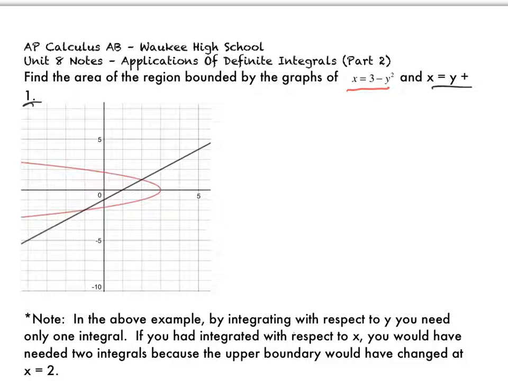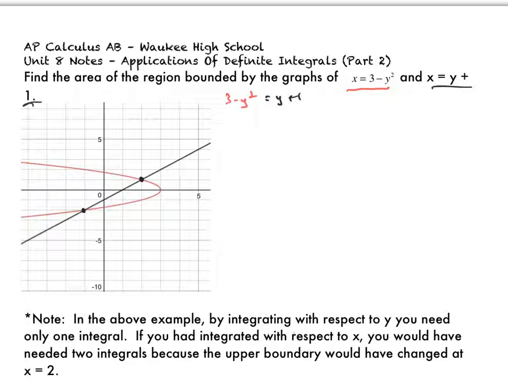Now the only question is, what are these points of intersection? How do I find those points of intersection? Well, clearly I'm just going to set the two curves equal to each other and see what happens. So I'm going to have 3 minus y squared equal to y plus 1.